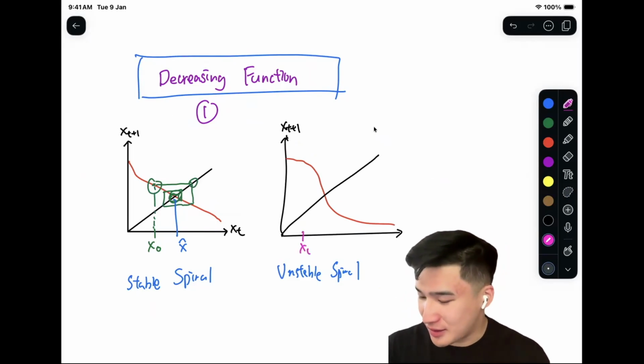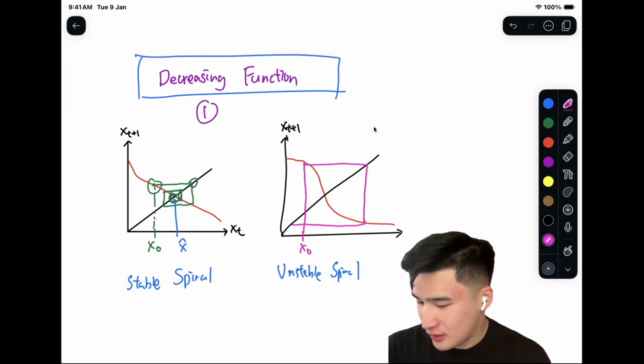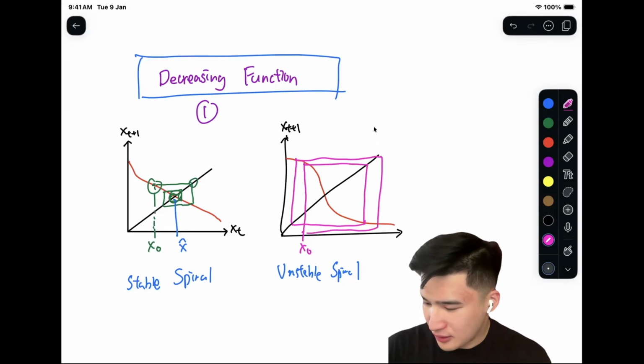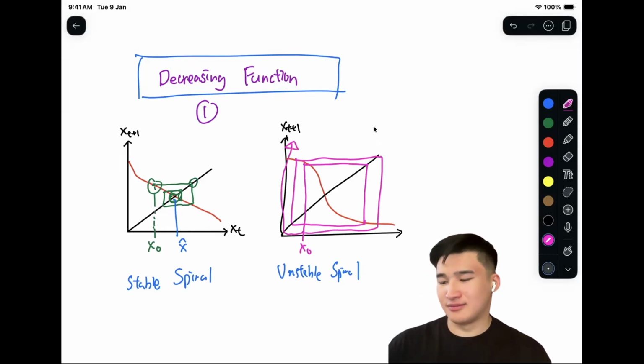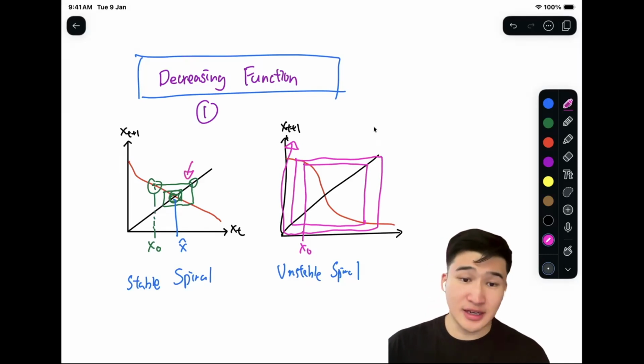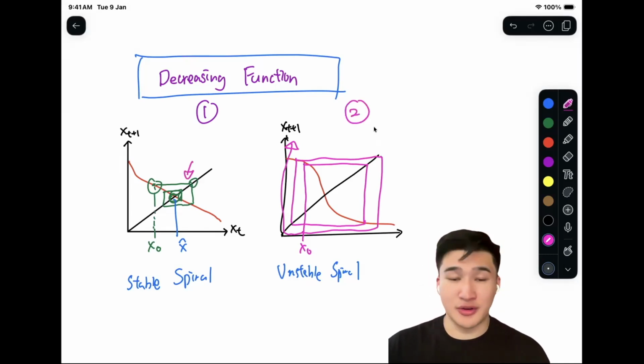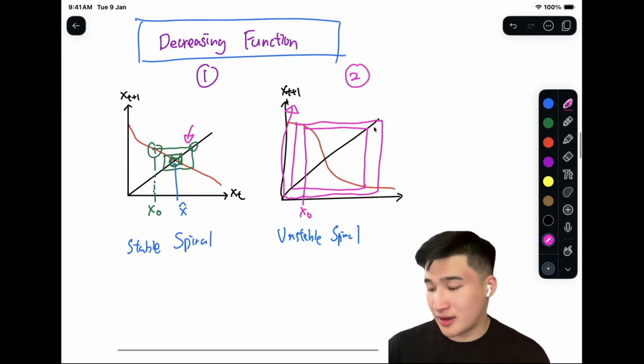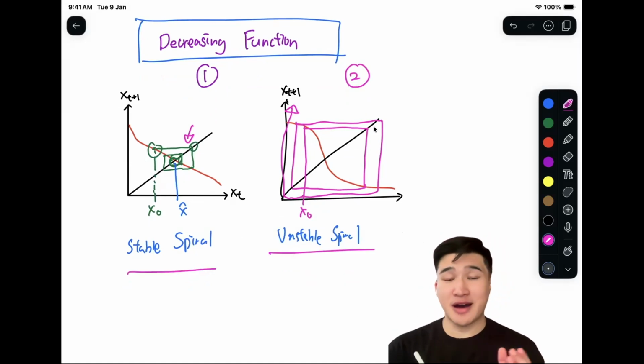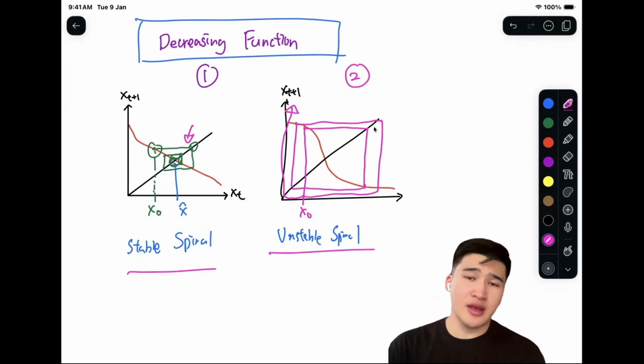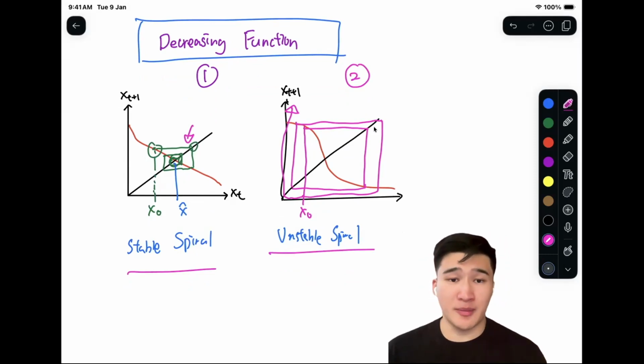So let's start from x naught here, it goes up like this, here, here, here. It just doesn't converge to a point. Whereas on our left-hand side, it converged, but on the right-hand side, number 2, it doesn't converge. So this is what we call an unstable spiral. Stable spiral and unstable spirals have the same concept as our stable equilibrium and our unstable equilibrium. So I hope that makes sense.